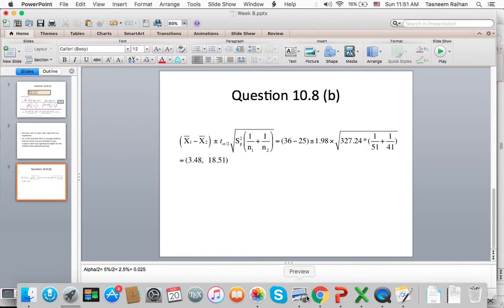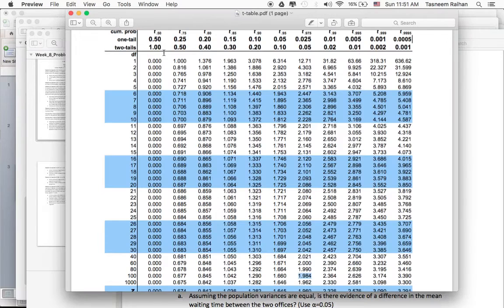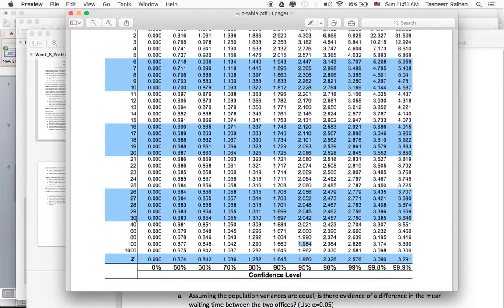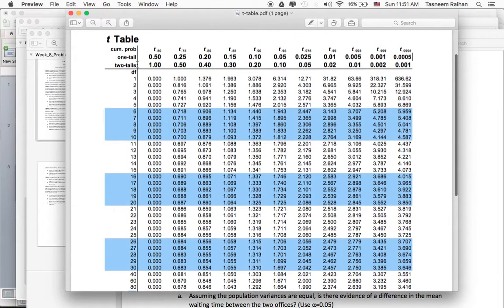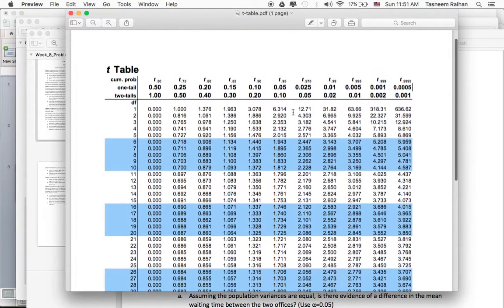Now let's go back to the t-table. Here is the t-table. The degrees of freedom we calculated to be 90, so it's somewhere between 80 and 100, because the first column is the degrees of freedom column, the df column. Then we have alpha over 2 equals 0.025, which is right here.